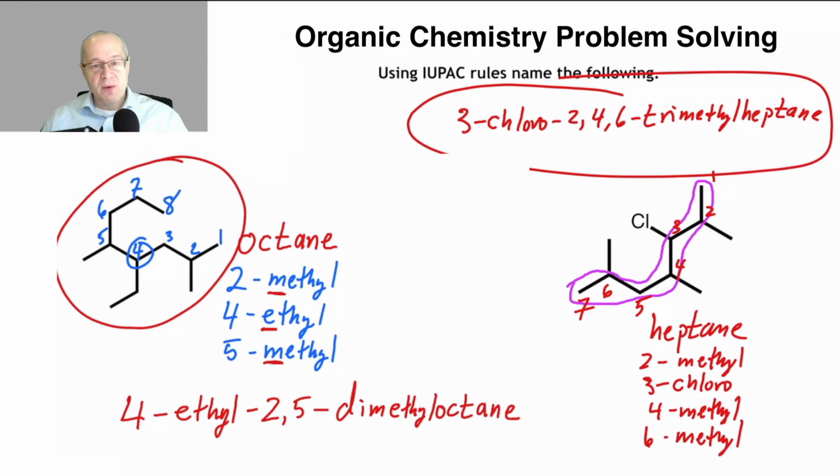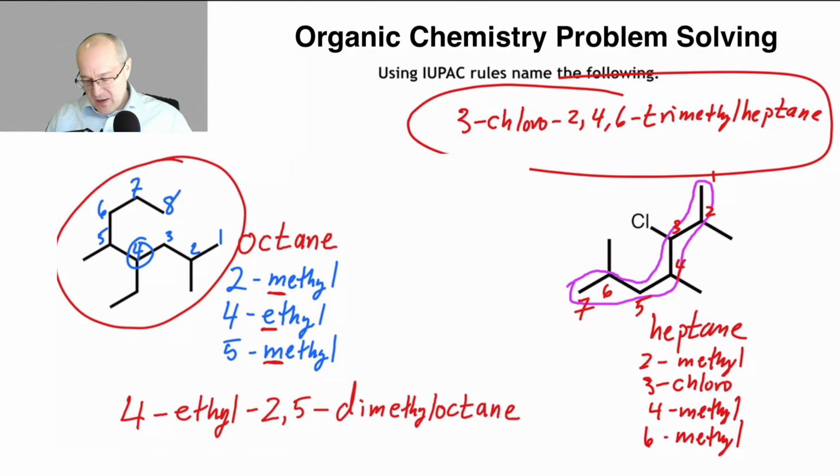Now, the confusing part with this one, I'm going to go over one more time, was the numbering system. Why didn't I start here? Because if I start from here, this will be carbon 2, and it would be 2-methyl. If I start from here, it would also be 2-methyl. So why did I start from here and not here? It's because of the next substituent, the chlorine. When you have a tie going from one end or the other, you have to go to the next substituent.